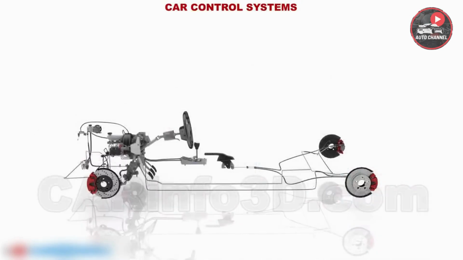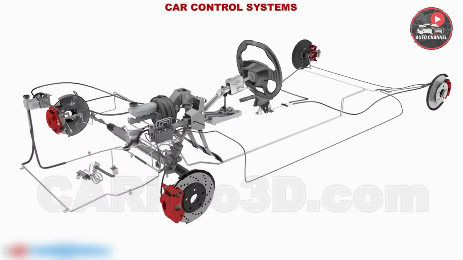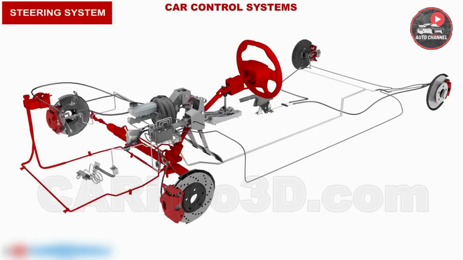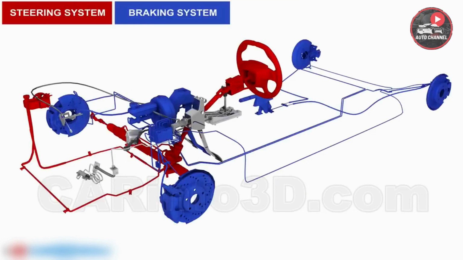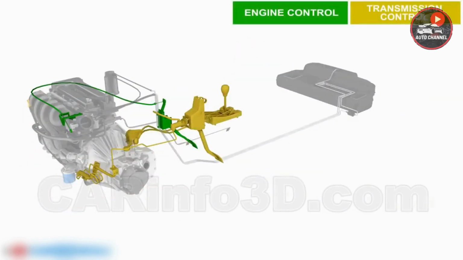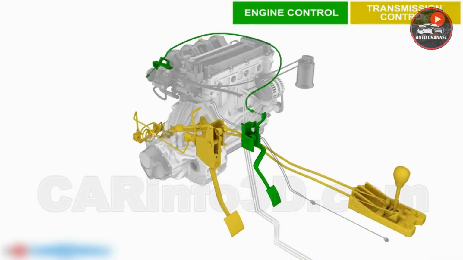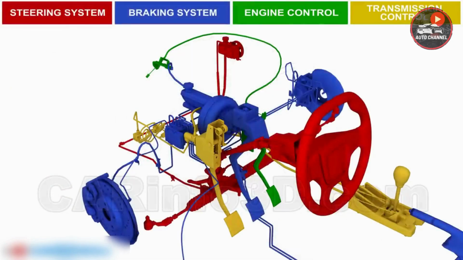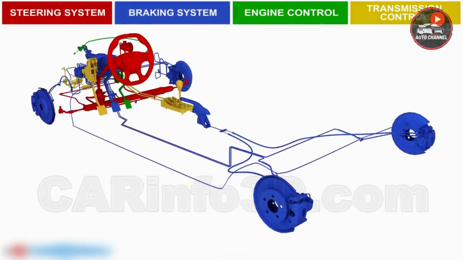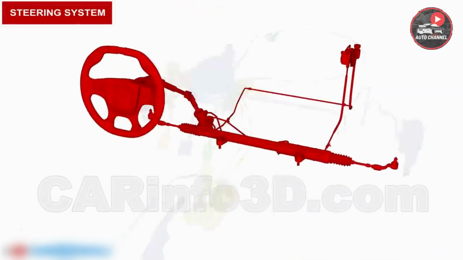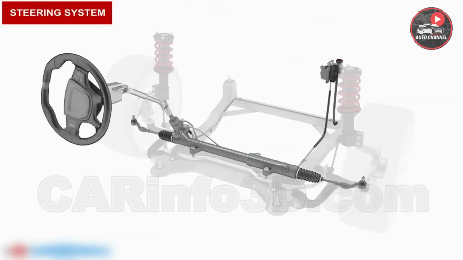Next, car control systems. They include the steering system, the braking system. In this section, it would also be appropriate to review engine and transmission controls. The steering system is required to change the direction of the car's movement.